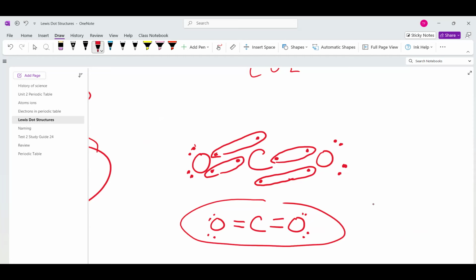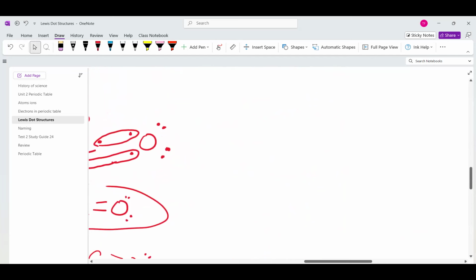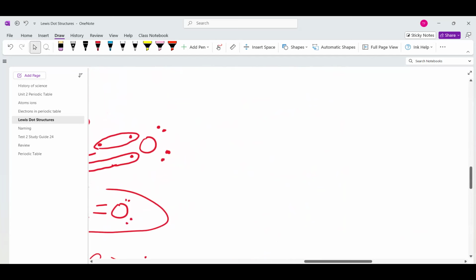Okay, so let's try another one. Now remember the golden rule in this here. Each atom has to have its number of bonds and an octet. Sometimes, however, you can have more than one legal structure.